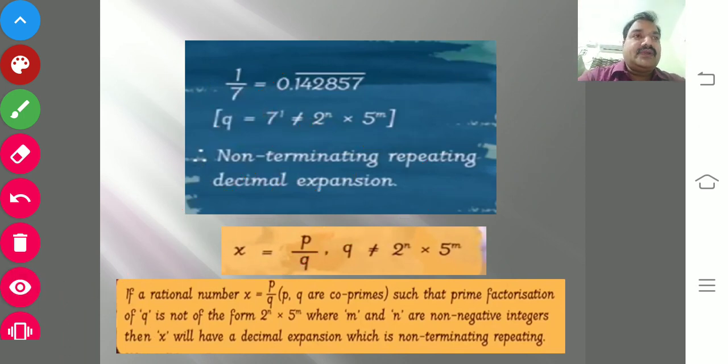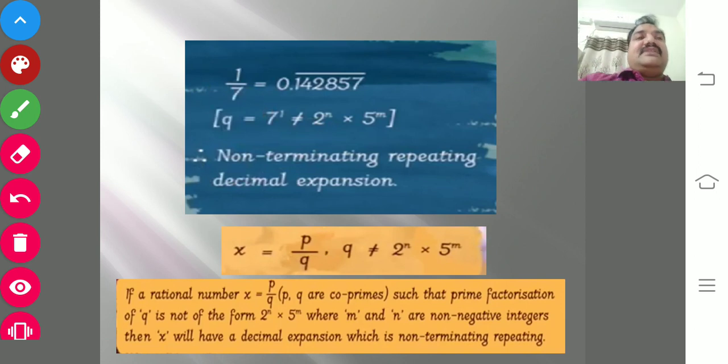So the conclusion: if a rational number x equals p by q, p and q are co-primes such that the prime factorization of q is not of the form 2 power n and 5 power m, where m and n are non-negative integers, then x will have a decimal expansion which is non-terminating repeating.